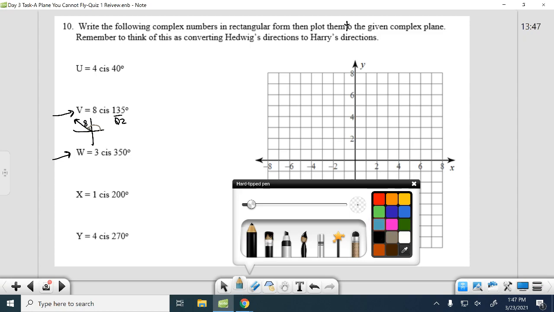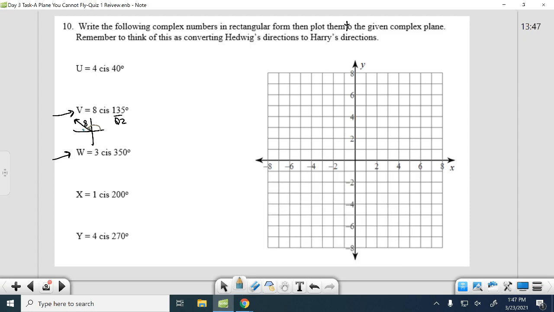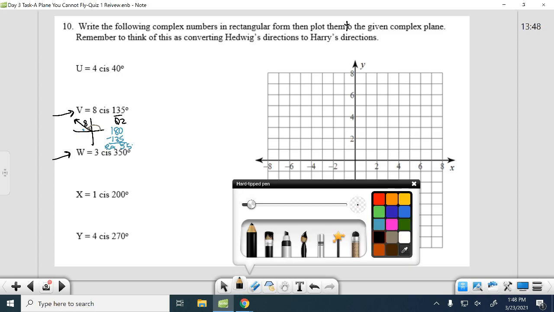So I need to determine my reference angle. So quadrant 2 is 180 minus the 135 to give me the reference angle of, anybody got it? Hopefully 55 degrees. That is one way to do it. You can also just use your angle of 135, whichever way you like better.